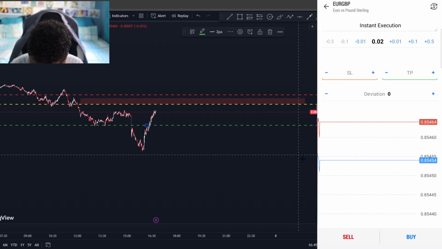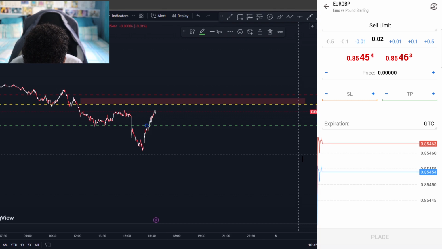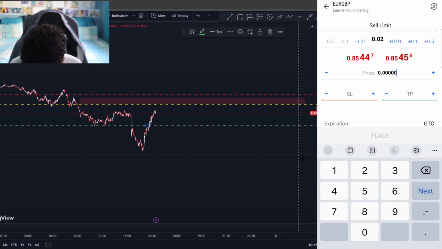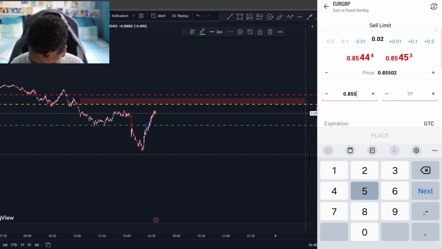Boom, new order. Sell limit. Sell limit at 0.8502. And then our stop loss 0.8... 1, 2, 3, 5s, and then look, 4 5s.